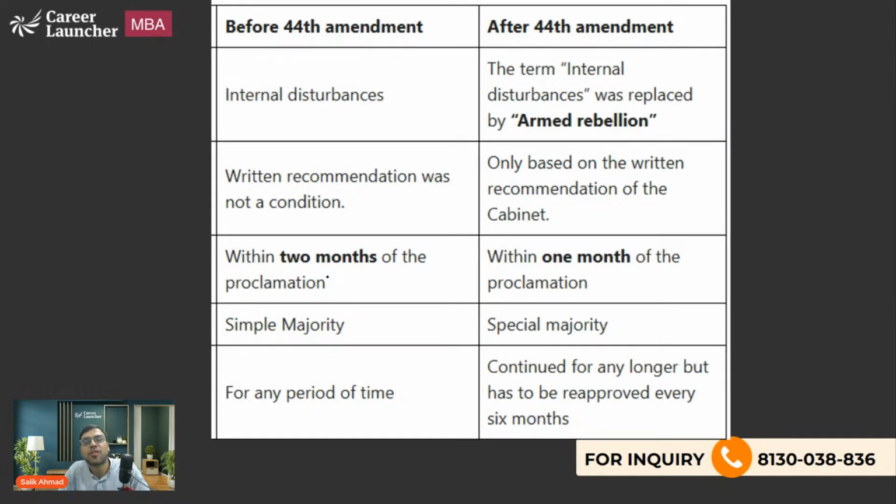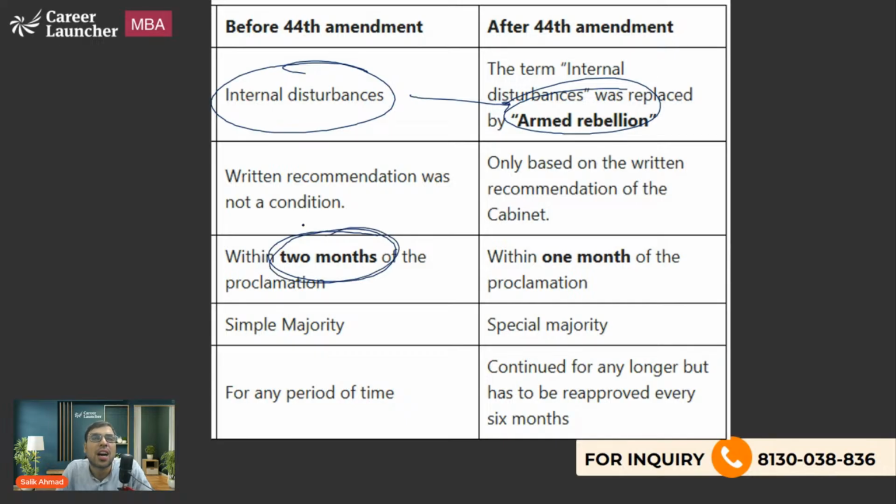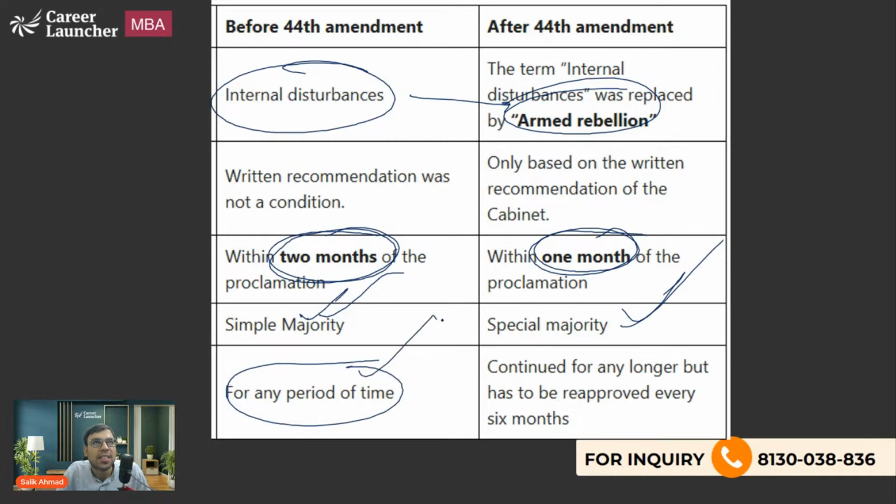What are the cases before the 44th Amendment and after? The term internal disturbance has been replaced by armed rebellion. That is what I have discussed. Earlier, within 2 months after the president declared emergency, the parliament had to approve it. Now it requires 1 month. Earlier it was a simple majority. Now a special majority is required to be approved from both houses, Lok Sabha and Rajya Sabha. Once it was approved, unless and until the president revoked it, it would be there.